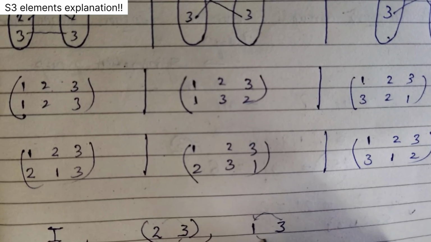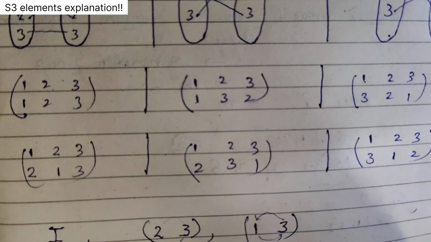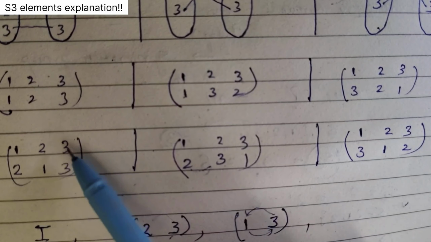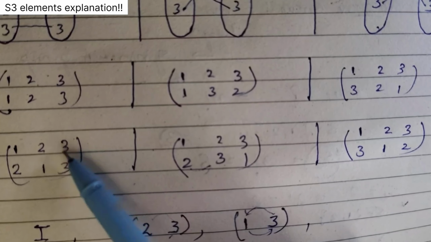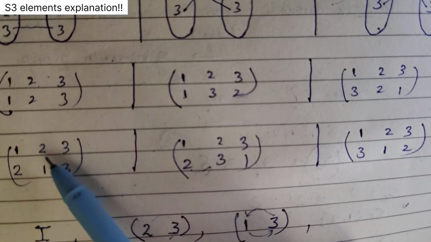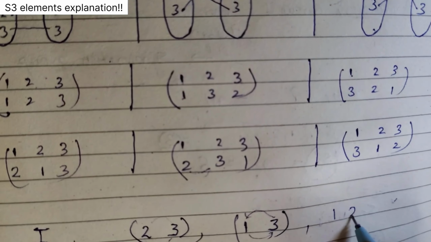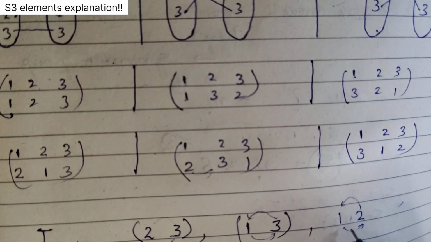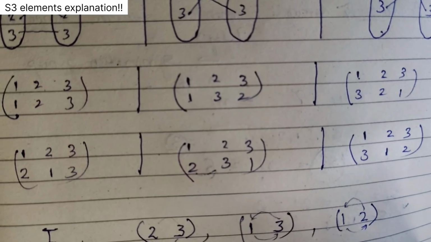So this is the cyclic notation. Next, 1 to 2, 2 to 1 and 3 to 3. No need to write 3 to 3, we just write 1 to 2 and 2 back to 1. So this is the cyclic notation of this.